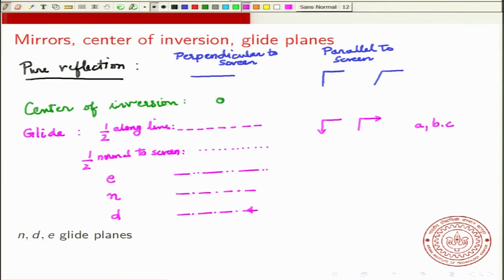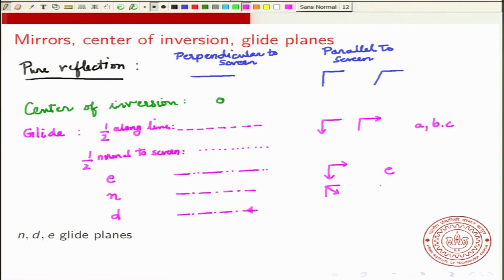Then you could have a double glide plane, which would look like this. An E glide would have two arrows when it is parallel to the screen. You could have a diagonal glide that would look like this, along some diagonal.